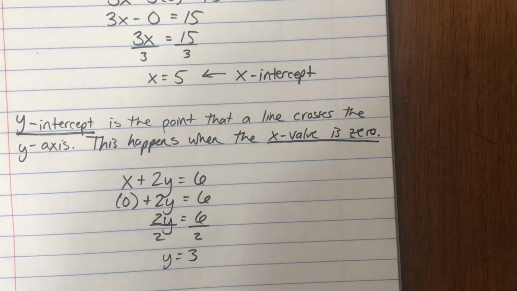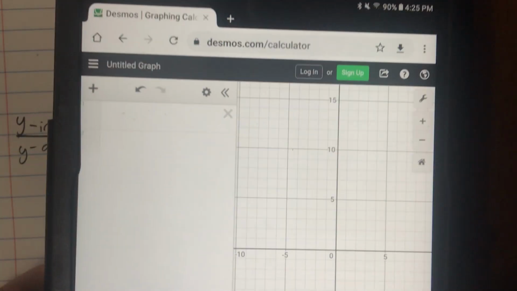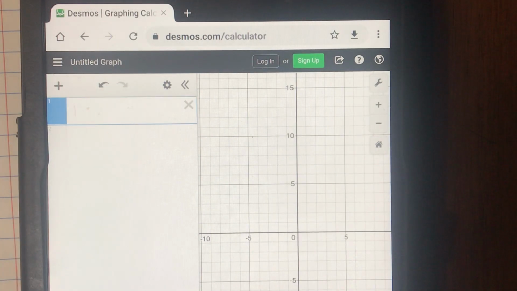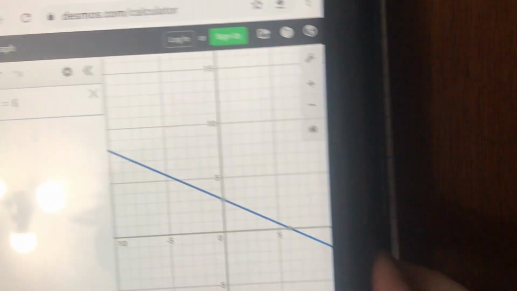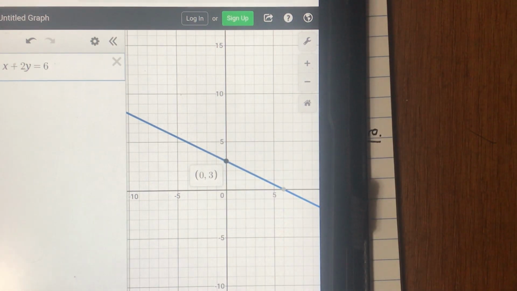But the good news of Desmos is that with the equation, you could type it in: x plus 2y is equal to 6. And, of course, we can find the y-intercept by just clicking on the y-intercept on the graph. And so Desmos makes this part of this unit a whole lot easier.